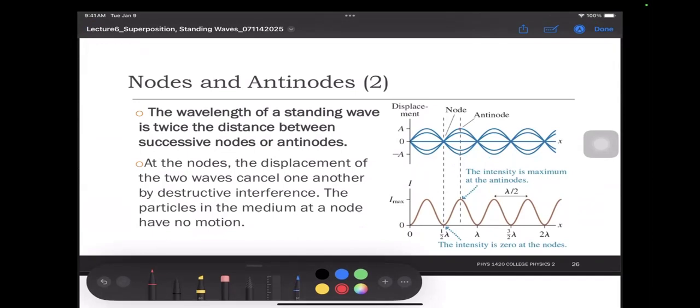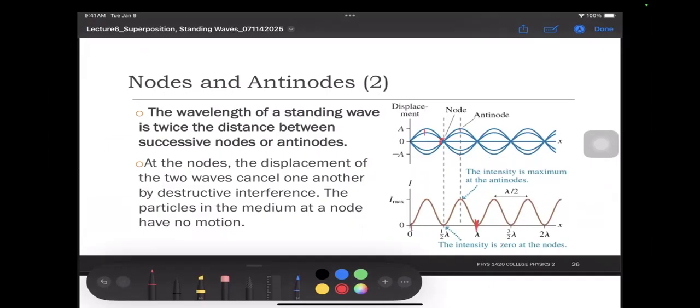The wavelength of a standing wave is twice the distance between successive nodes or antinodes. This is the wavelength, and the distance between nodes is half lambda, and between antinodes it is also half lambda. So does it make sense to you?